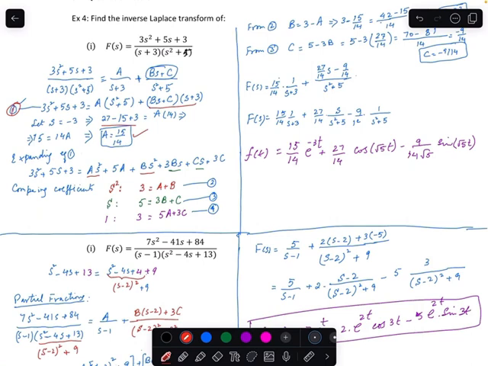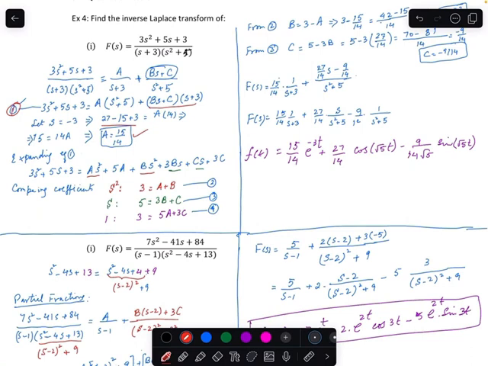Now I can keep picking values of s and plugging in, but I will get a system of equations. If you want, you can do that, but I would like to compare coefficients. So we have to expand the right hand side for that. Here is the expansion I did, and now I'm going to compare coefficients.